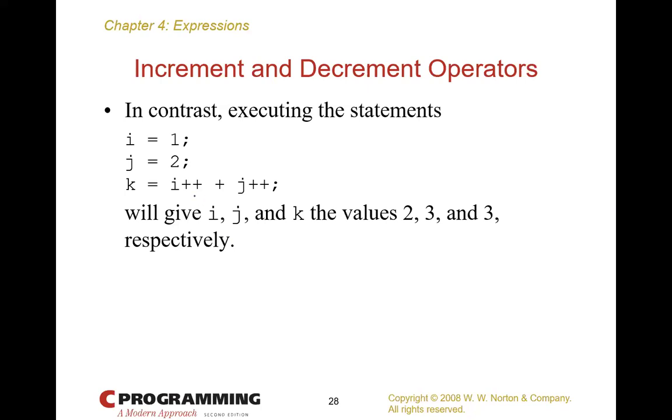Okay, if we have I equal to 1, j equal to 2, and we also try to have k = i++ + j++, this is all post-increment. So the value of I is 1, the value of j is 2, and the value of k is the addition of the two of them.